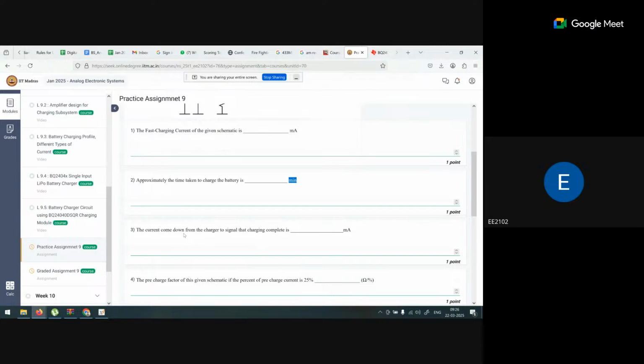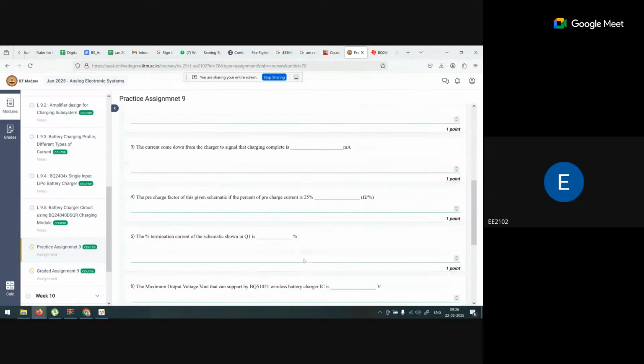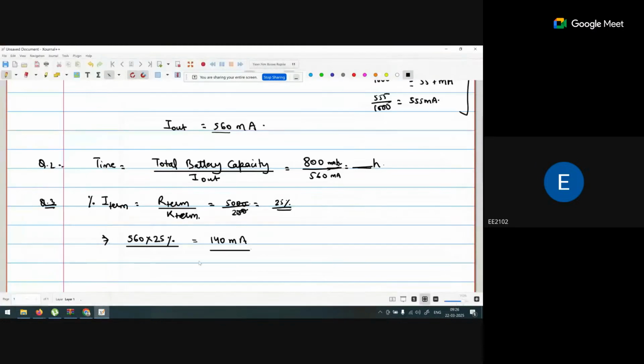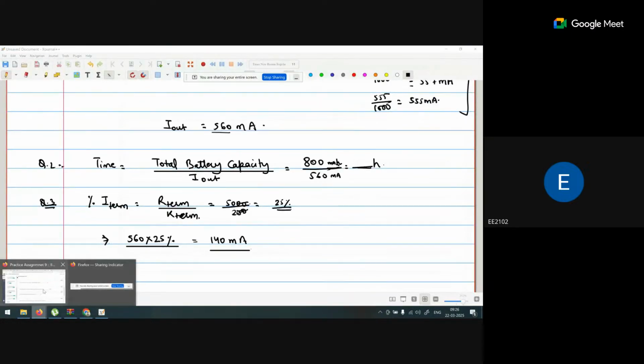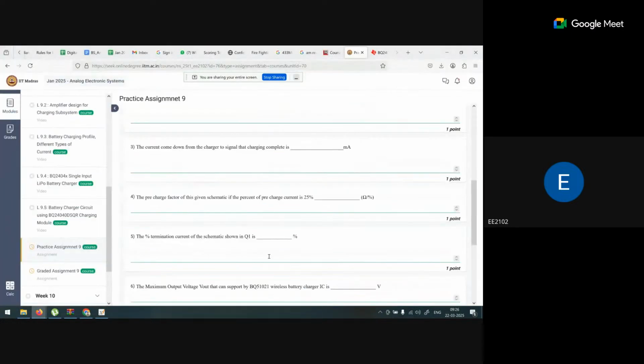So from the 560 it will become 140 milliamps. Now they are asking the percent termination current in the schematic shown in question number 1. The percent termination we have already calculated is 25%.